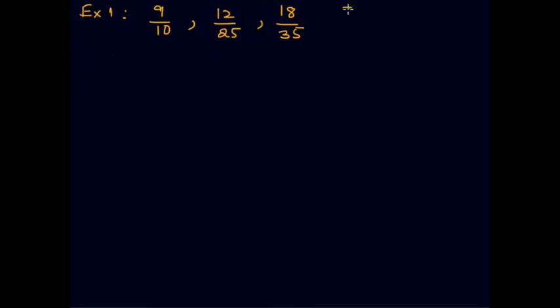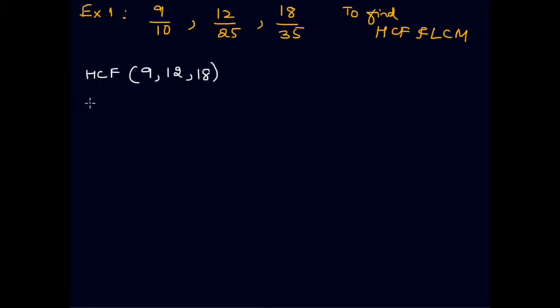So to find HCF and LCM, let me just pick another color for the solution. First we start off with HCF of the numerators, 9, 12, and 18. And then we want to find what the LCM also is, but that I do consecutively.